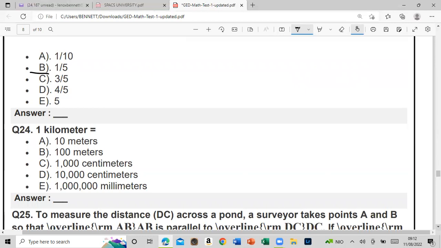Oh, 1 kilometer. Okay, okay. Is equal to 1 kilometer basically 1,000 meters. But there's not 1,000 meters under there. So we have to look for which of these is equivalent to 1,000 meters. Which is not very hard. So this is your answer. 100 centimeters make 1 meter.